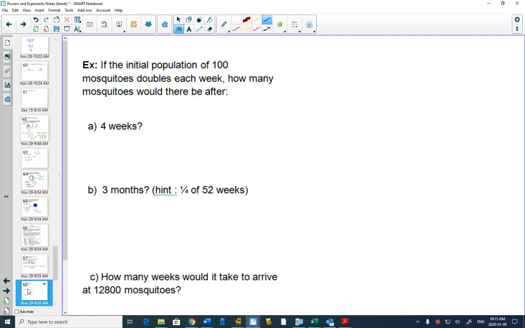How many people actually wish there were mosquitoes outside right now? Would you trade the mosquitoes for the cold? Ooh, that's a tough question. No? Prefer the cold? Can you imagine a place that has frozen mosquitoes? It's cold and you get bitten.